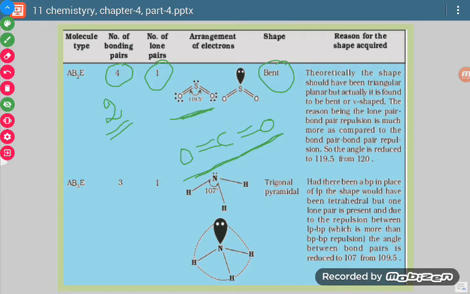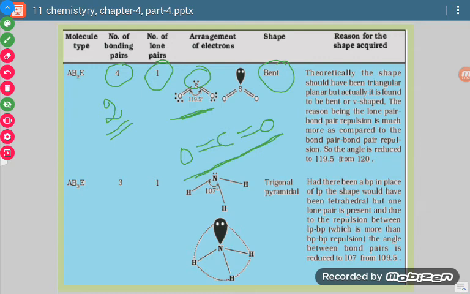But if we take SO2, then there is presence of a lone pair at sulfur, which gives repulsive forces to bond pairs, and so the bond angle decreases. So carbon dioxide is linear because of absence of lone pair around carbon, and sulfur dioxide is bent because of presence of lone pair at sulfur.